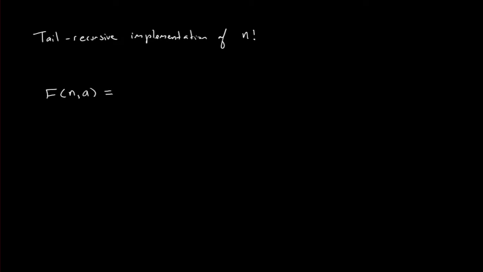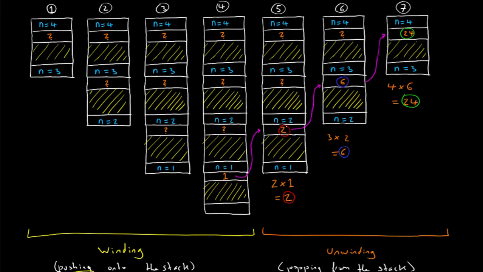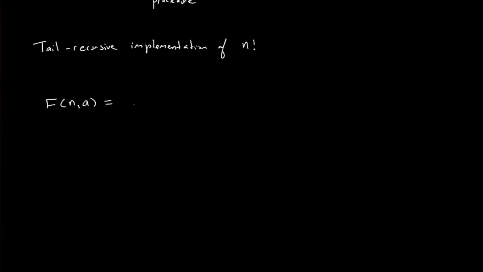And why on earth would I want to do that? Well, if we want to short circuit the unwinding, the best way to do that perhaps is to maintain the result of the calculation at every step. And that's what this a is going to do. This a is going to maintain the current value of the factorial, or what we think it is so far, how far we've proceeded with our calculation.